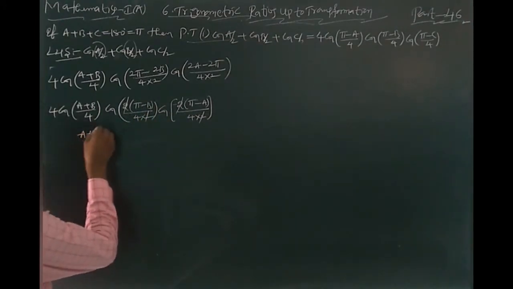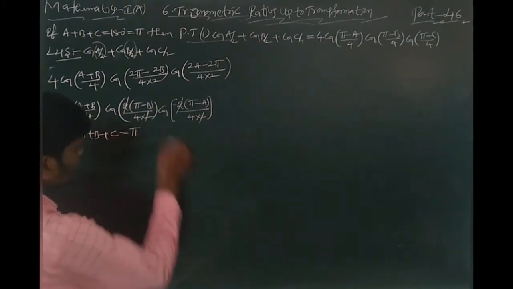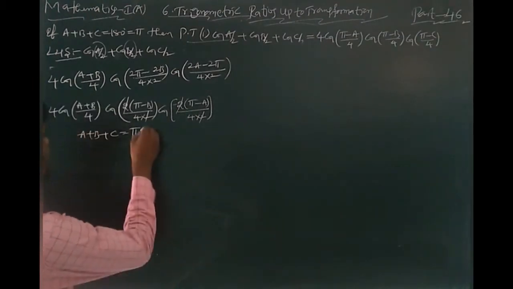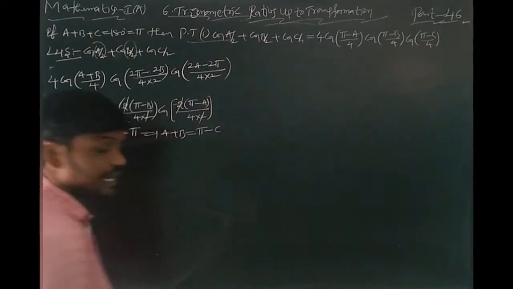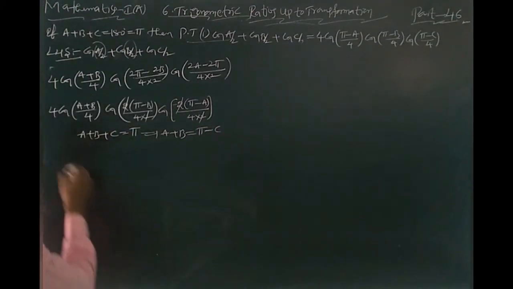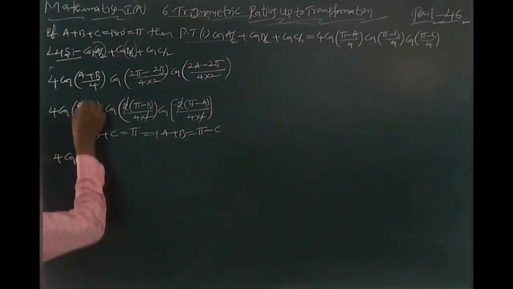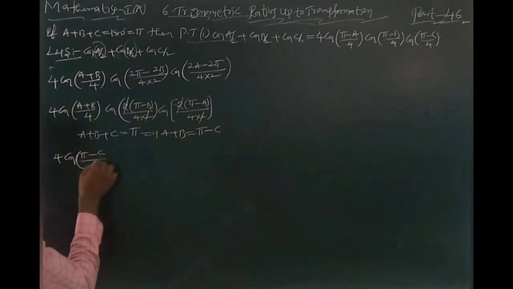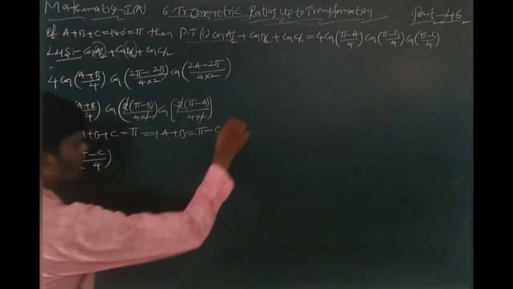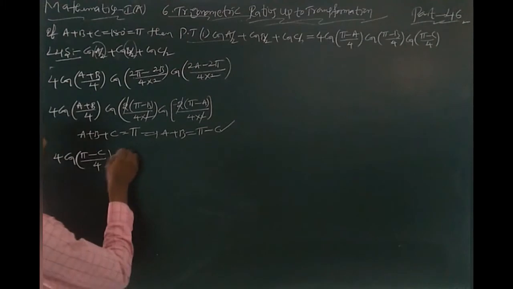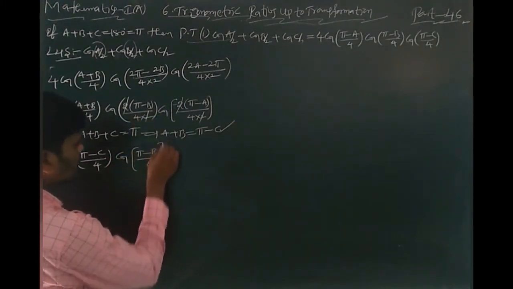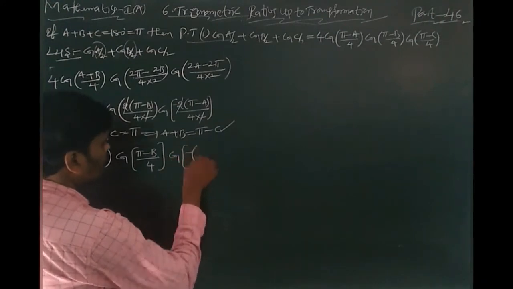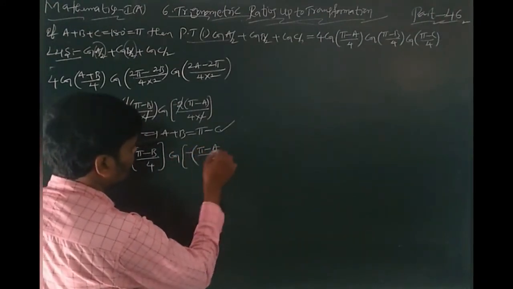Remaining, a plus b plus c is equal to 180, which is nothing but 5 radians. Then a plus b equal to what? A plus b equal to 5 minus c. You can write 4 into cos of a plus b value 5 minus c by 4. Cos of 5 minus b by 4 into cos of minus of 5 minus b by 4.